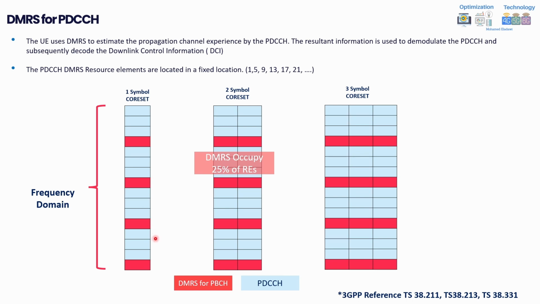So assuming the DMRS is using, for example, 20 resource blocks or 50 resource blocks, DMRS will be available all the time, and will have this kind of shift between the DMRS and the others, which is 1 to 5 and so on. And this is also occupying 25%, which is the same concept as the broadcast channel for the PDCCH.